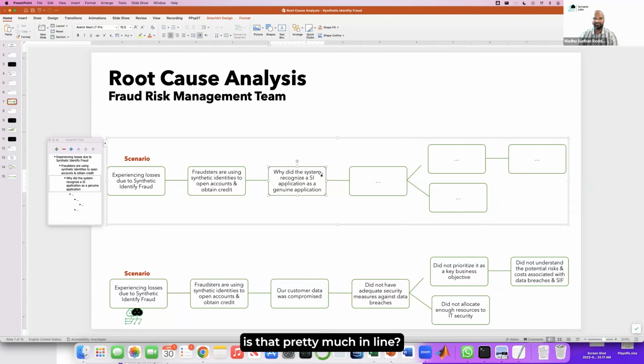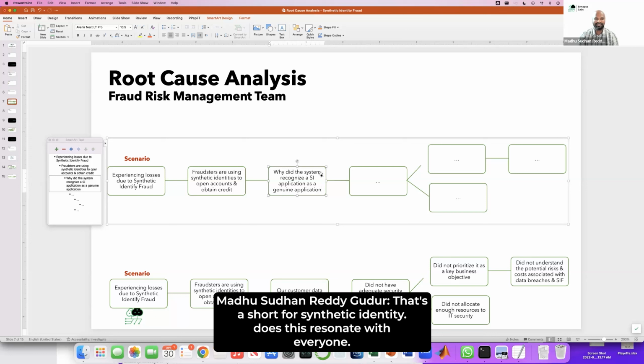Is that pretty much in line, Abhilash? Yes. SA is short for synthetic identity. Does this resonate with everyone?